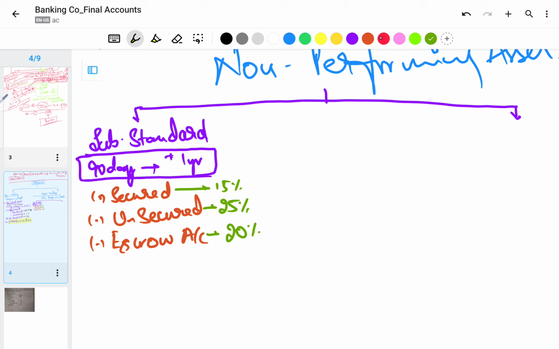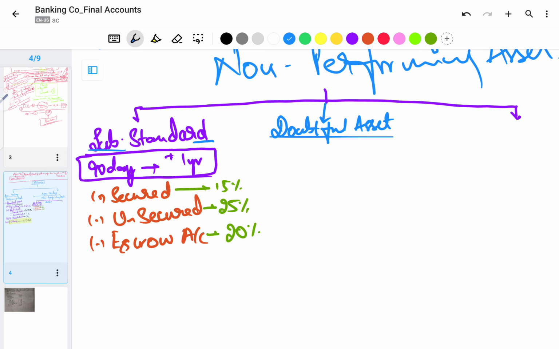Let's assume that even after 90 days of being a substandard asset, for 1 year from 90 days, if we have still not received payment, then up to 3 years we consider it a doubtful asset.